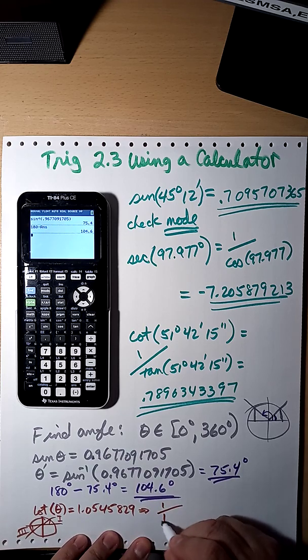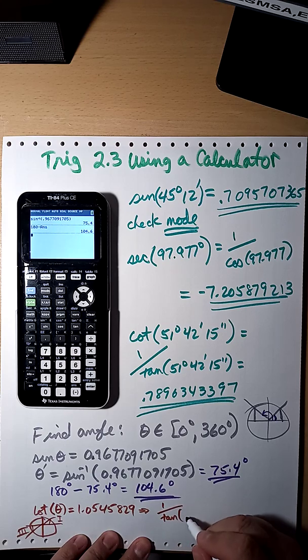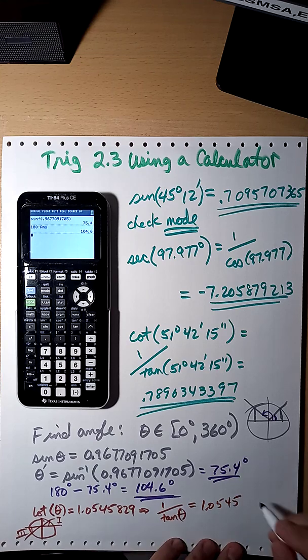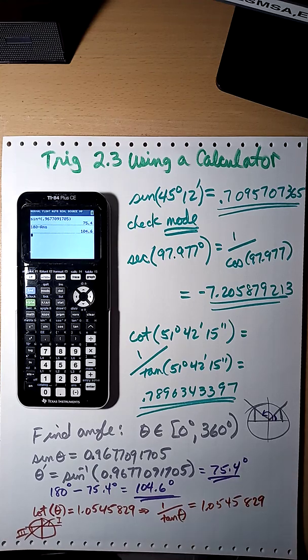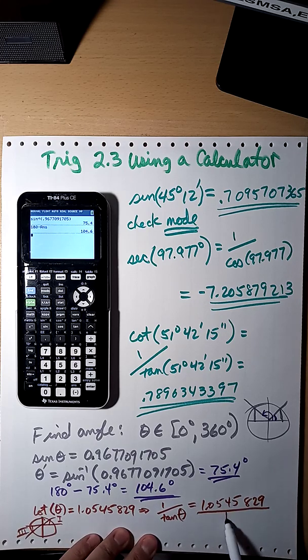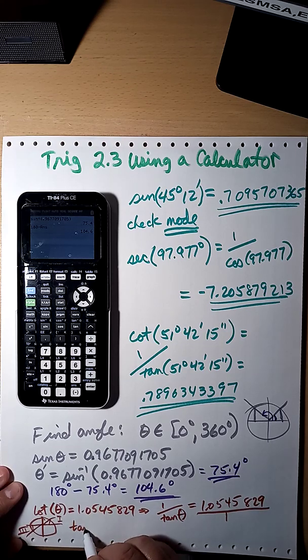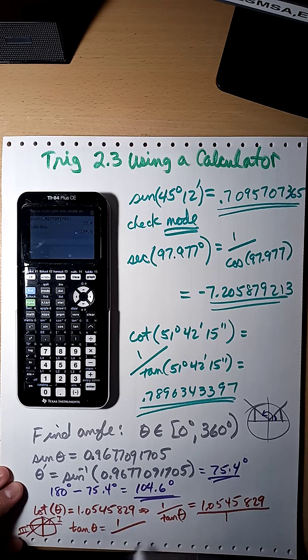1 over the tangent of theta is equal to 1.0545829. Now, you can think of that decimal over 1, and instead of 1 over tangent, you can do tangent over 1, or just the tangent, but that'll give you 1 over 1.0545829.